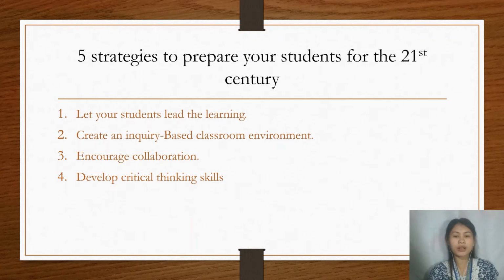After the collaborations, develop critical thinking skills. Learning is more than memorizing and remembering, because a mental block happens if we are going to memorize or remember the lessons. Introduce activities in your lessons that build critical thinking skills along with language skills.